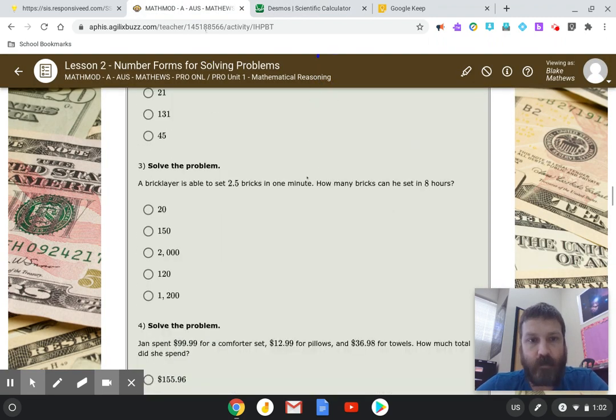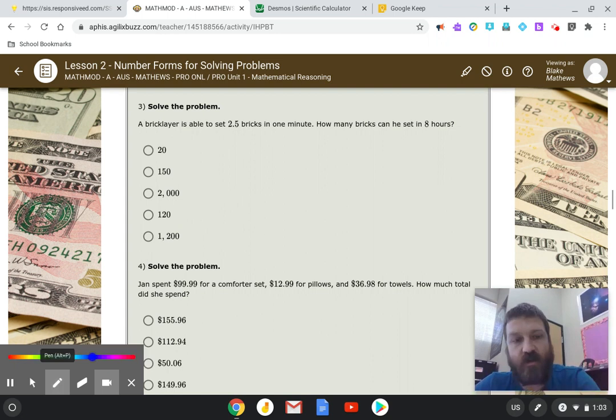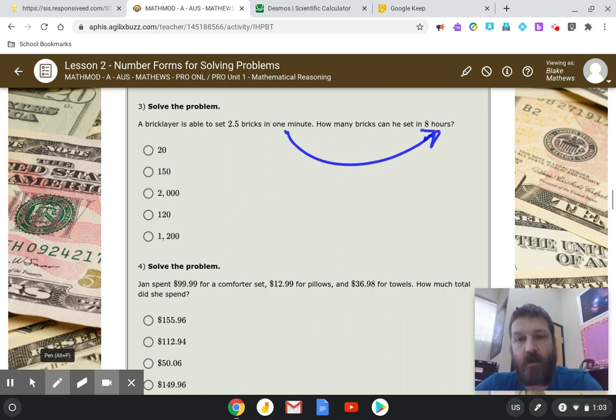All right. A bricklayer is able to set 2.5 bricks in 1 minute. How many bricks can he set in 8 hours? There's not really any key words here. It's more of a concept. You hopefully can understand you're trying to go from 1 minute to 8 hours. So you're going to be multiplying to get from a minute to 8 hours.